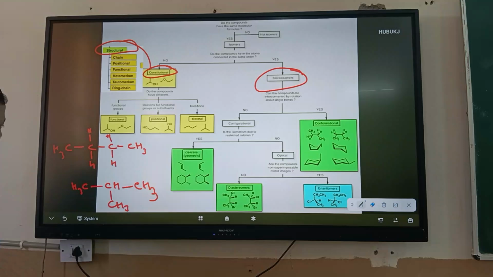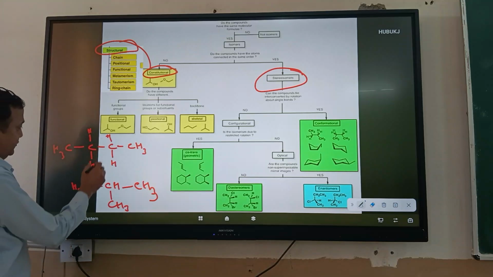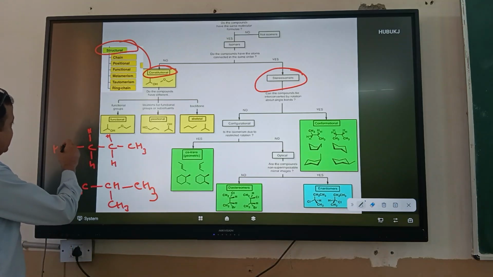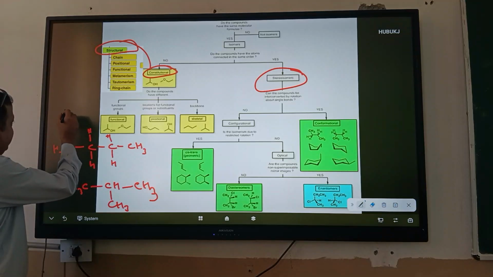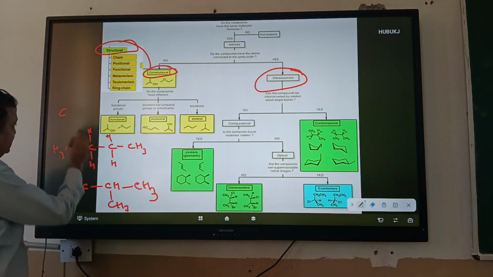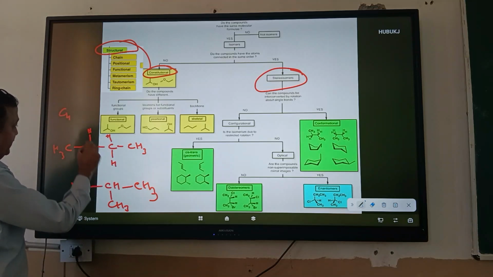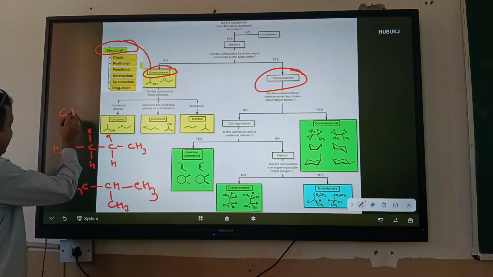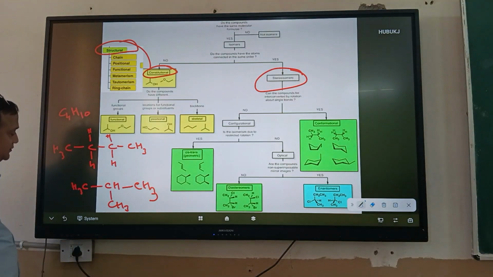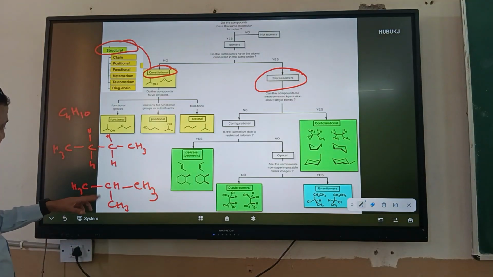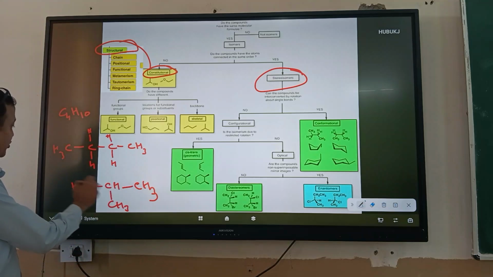Let us see the molecular formula of the first, linear structure, that is n-butane. How many carbons are there? Four carbons. How many hydrogens? 3, 4, 5, 6, 7, so C4H10. In the second case, how many carbons? Four carbons.